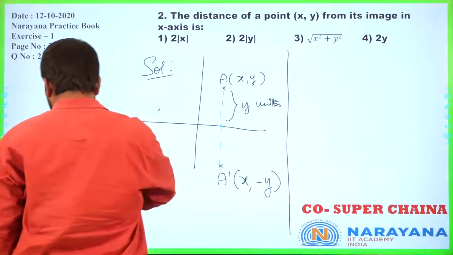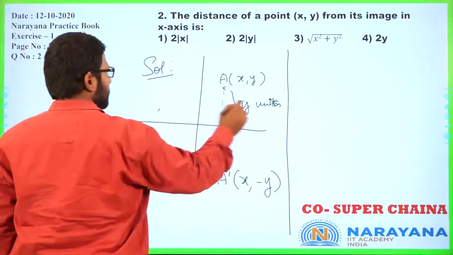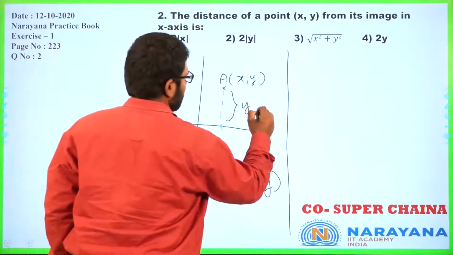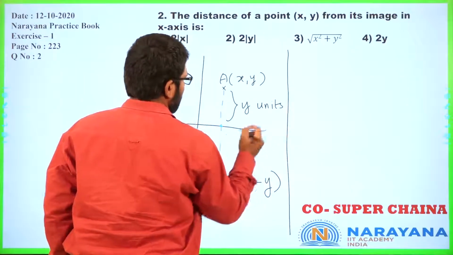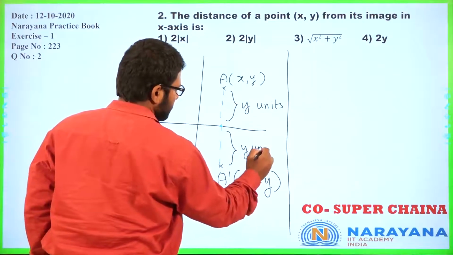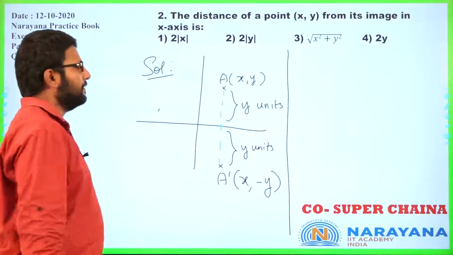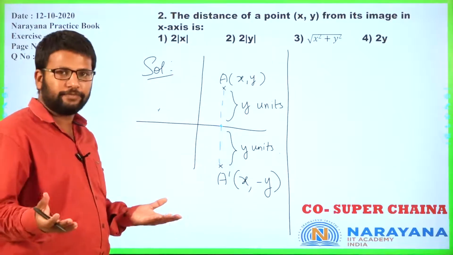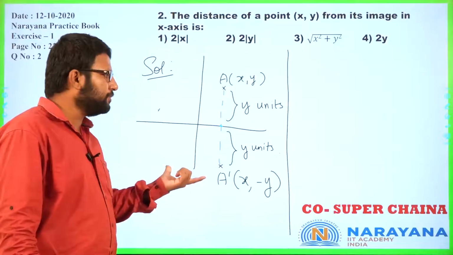right? In which case, and if this distance is y units, this distance also must be y units, right? Which means total distance is 2y units, correct? So learn to use geometry like that.